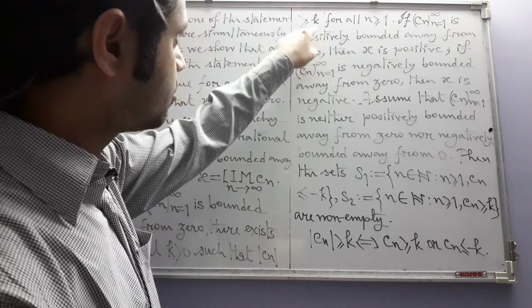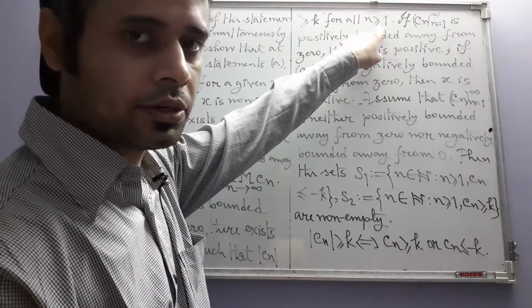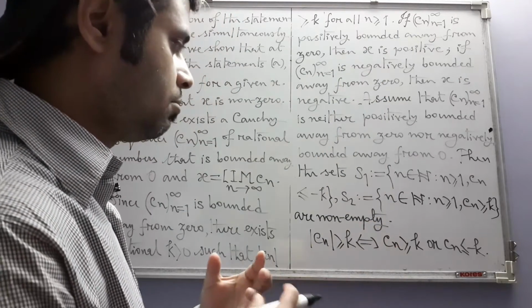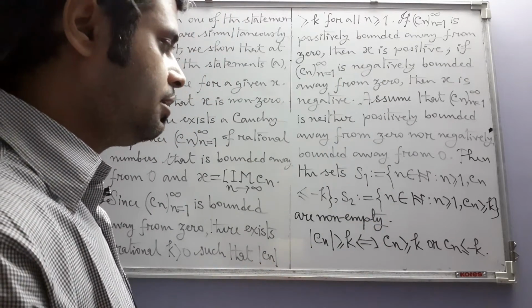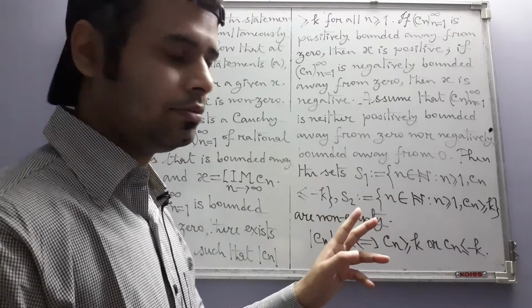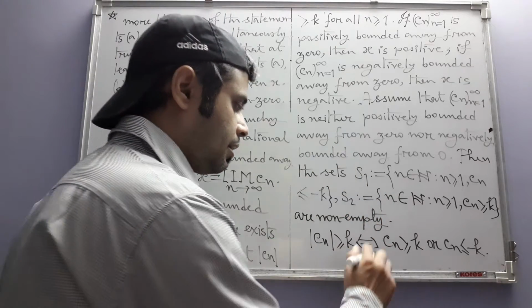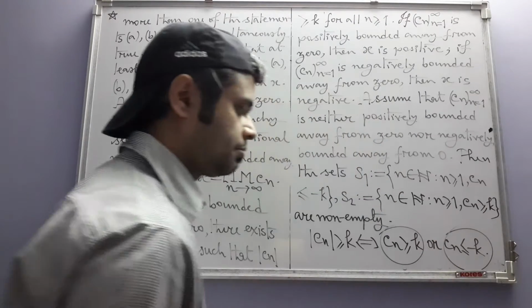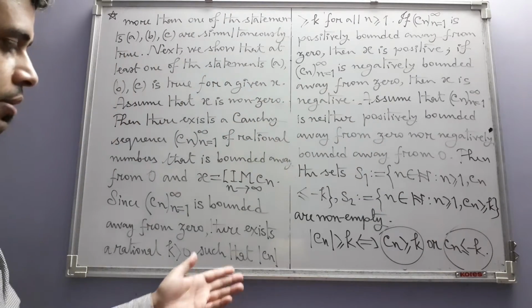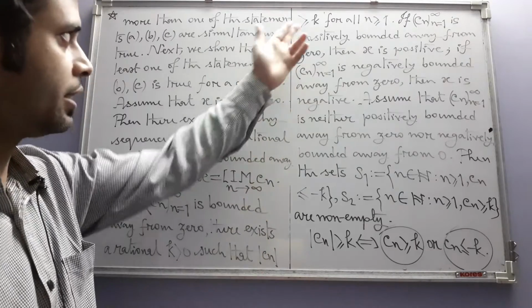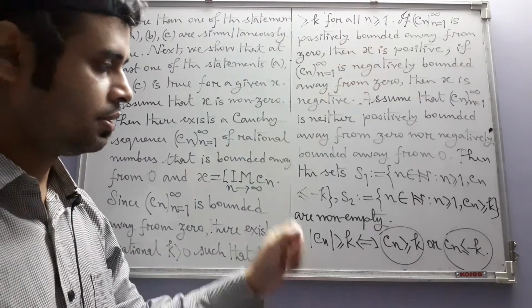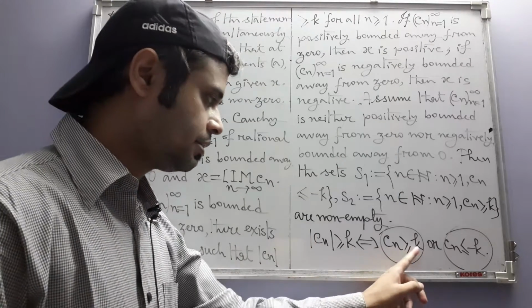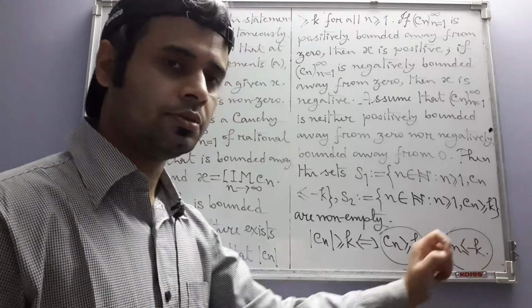This is true for all n greater than or equal to 1. So if you arbitrarily choose any positive integer n, either this is true or this is true.